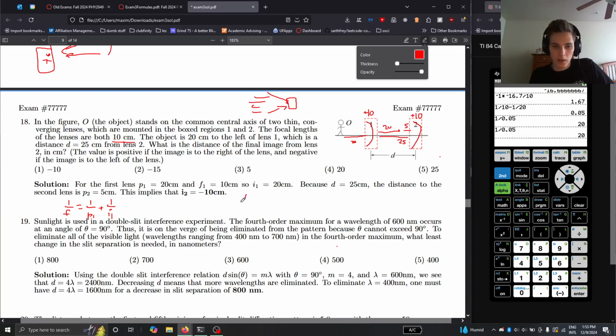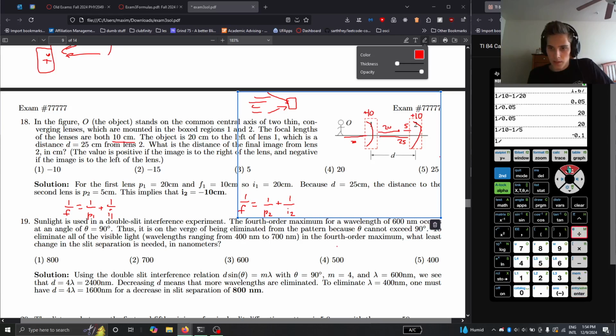So when we do the calculations for lens 2, 1 over P2, P2 is actually 5 centimeters because that first image is 5 centimeters away from that second lens. 1 over I2, I2 is what we want to solve for. So 1 over F, it's just 10 again, minus 1 over 5.